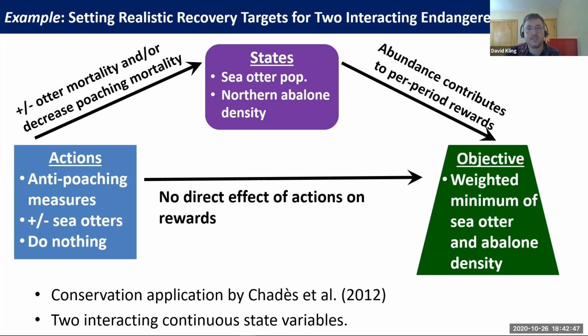She and her co-authors constructed a weighted minimum of sea otter and abalone states. So not just performance equal to the lesser of the two state abundances, but she explored weightings to see, if we put a little bit more weight on abalone versus sea otters, what does that do to the solution?